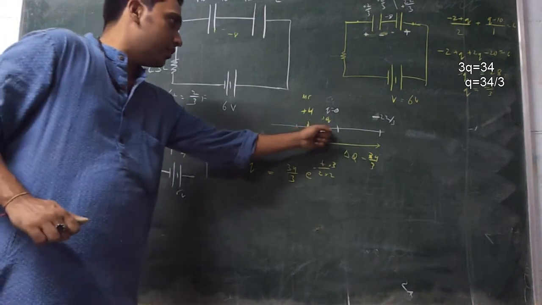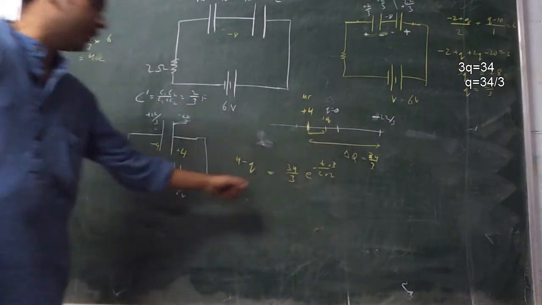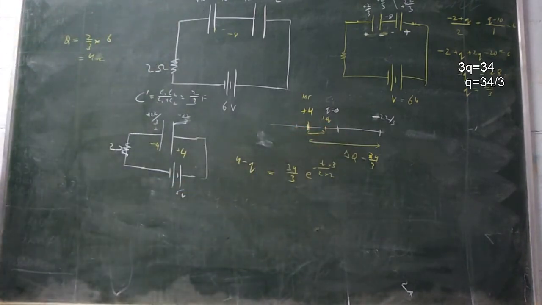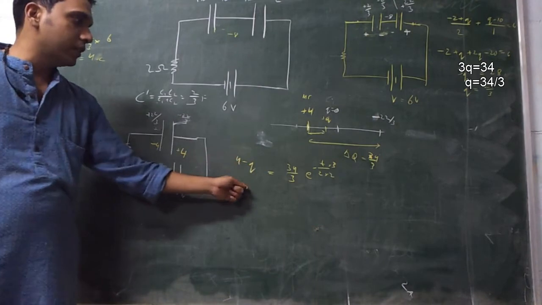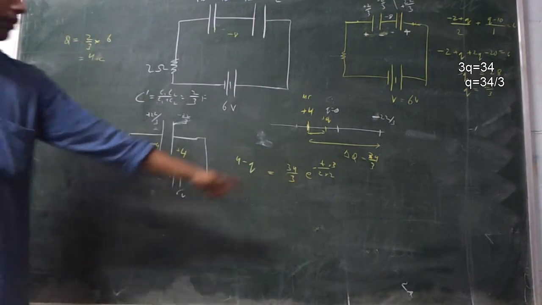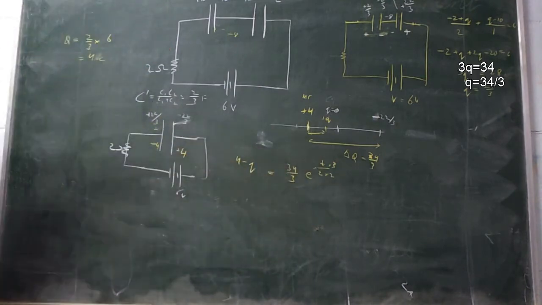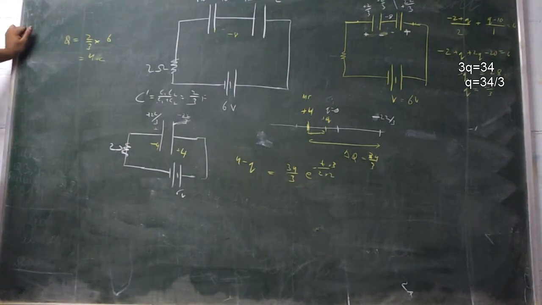This 4 is higher, this Q is near 0. So 4 minus Q is that value. So this is your Q at any time. If you differentiate this, you will get your current at any time. So this 4 is insignificant, you differentiate this and you will get the current as 34 by 3 into 3 by 4 e power minus t by tau. So this is how you will solve the circuit.